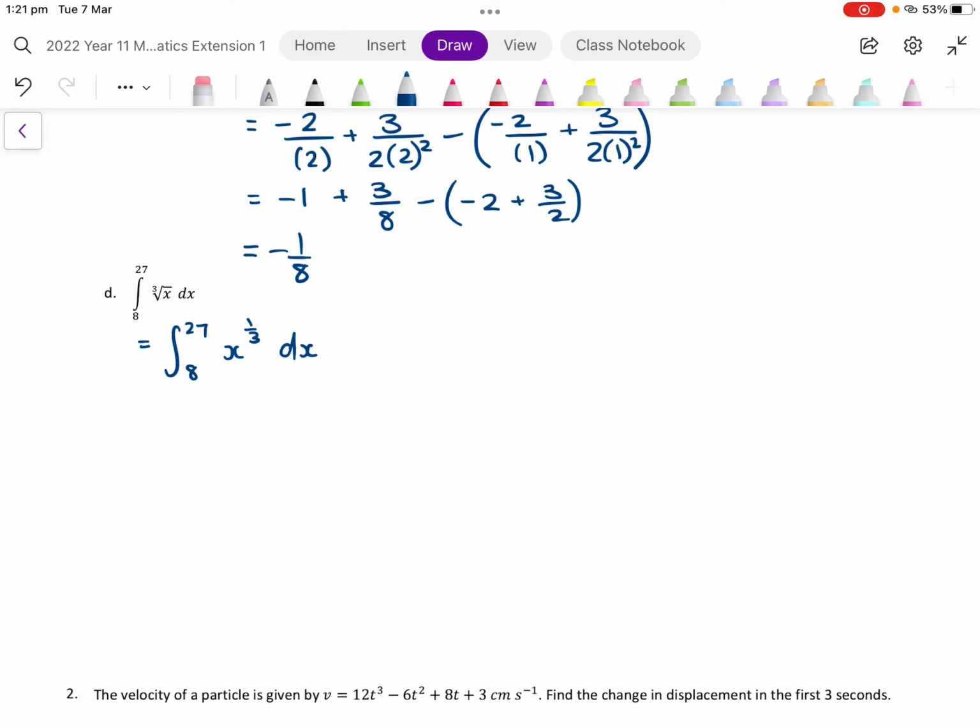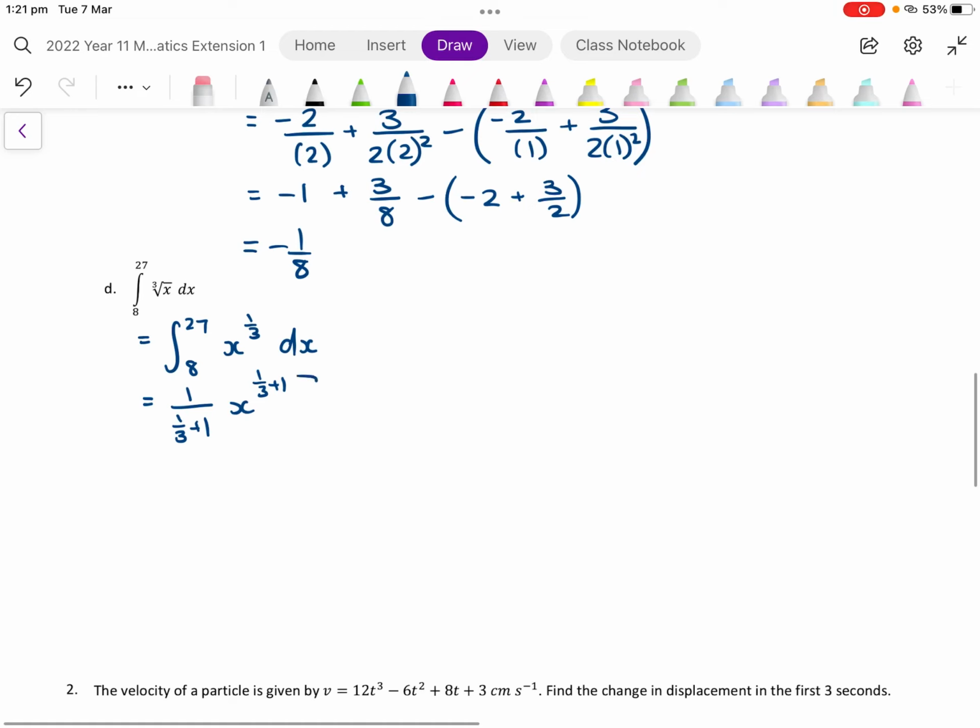That's what our dx stands for. We then need to find the derivative of this. So the derivative is going to be 1 over our n of a third plus 1, x to the power of our n of a third plus 1. And we're going to substitute in our 27 and our 8 very shortly.